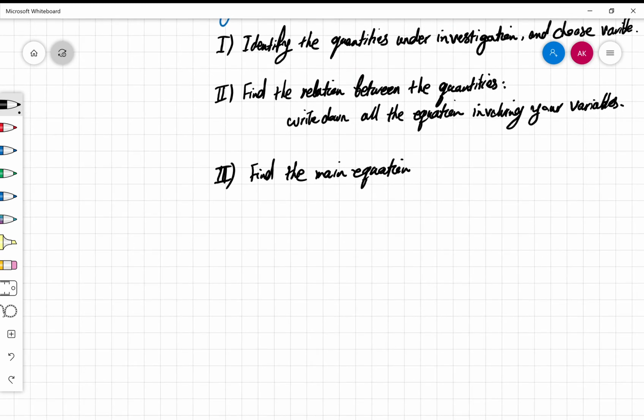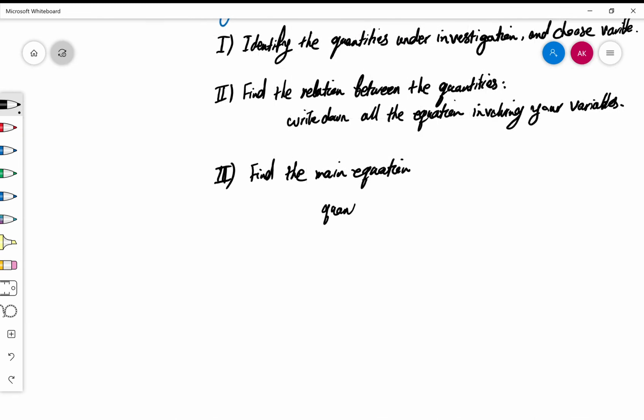You have a quantity to be optimized, written as an expression in only one of the variables.